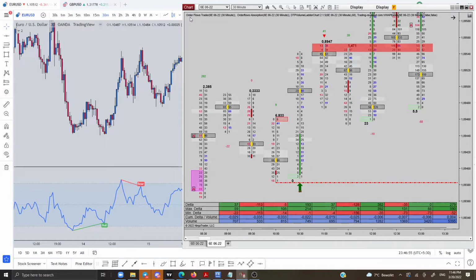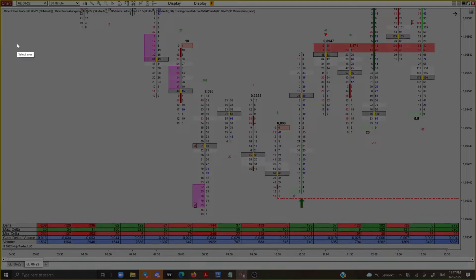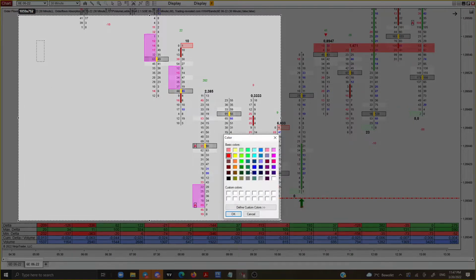Before that, let's write down our main checklist. From order flow we have our checklist, always the same checklist. Let me change the color.